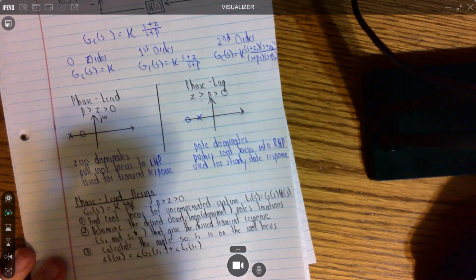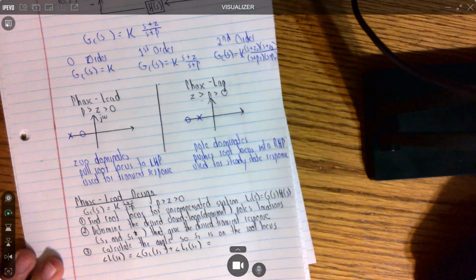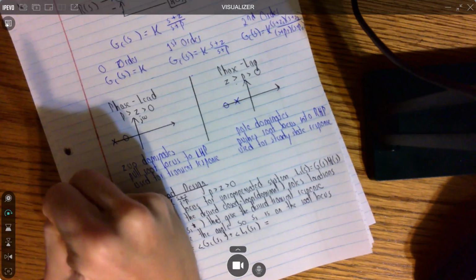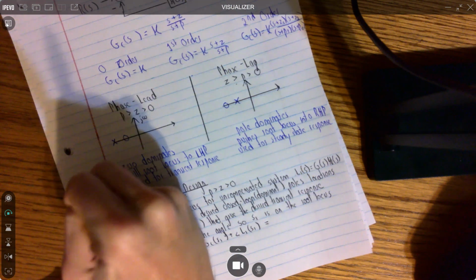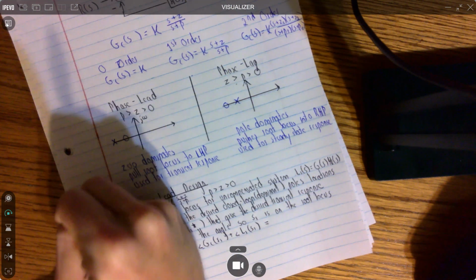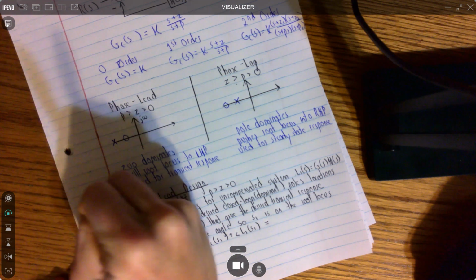And so in order for it to be on the root locus, basically what you have to remember is when you go back to that characteristic equation where you have 1 plus k L of S is equal to 0, if you move that over, so you get the -1 on here.